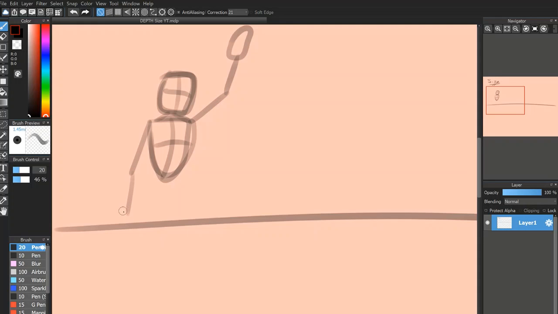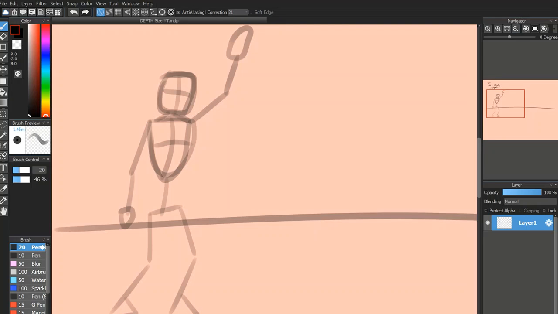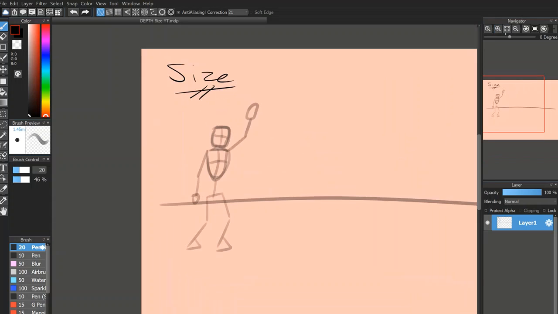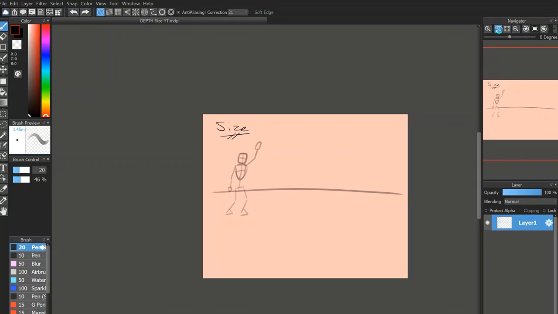Just draw them some quick little hands. We'll draw him a few tiny details. And there we go, there's our person. Now he's standing a little bit higher, closer towards the horizon line, so he's kind of small in comparison to lots of the image.